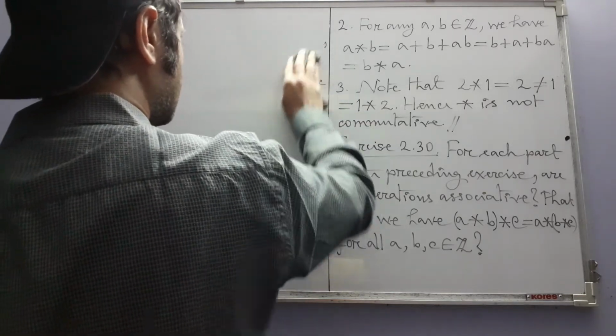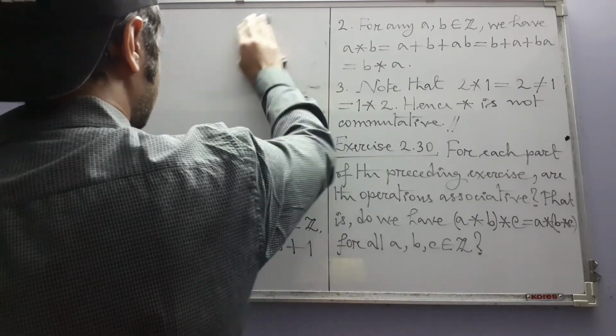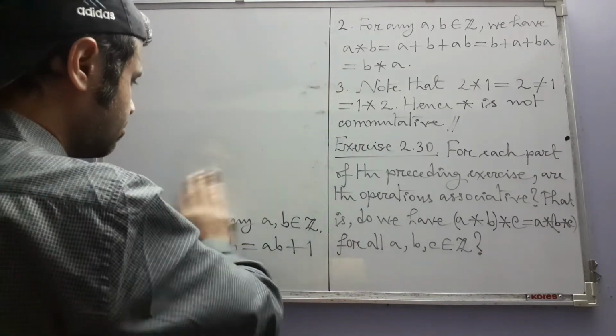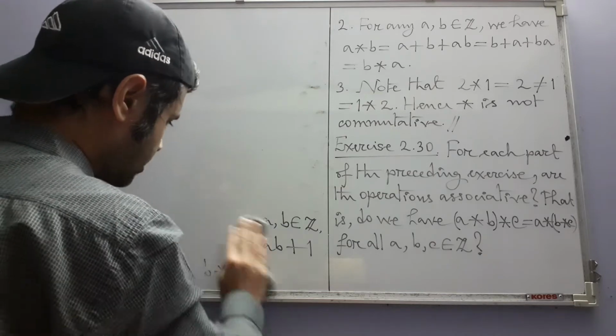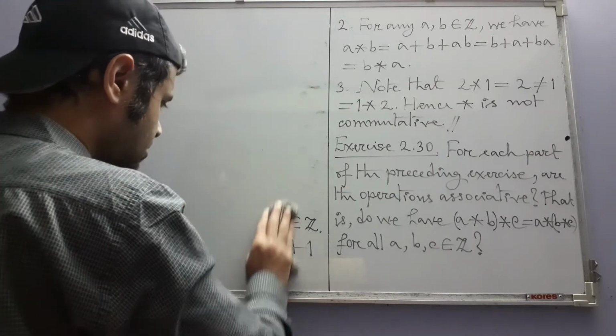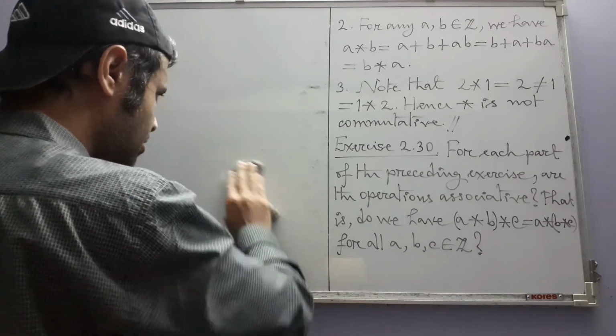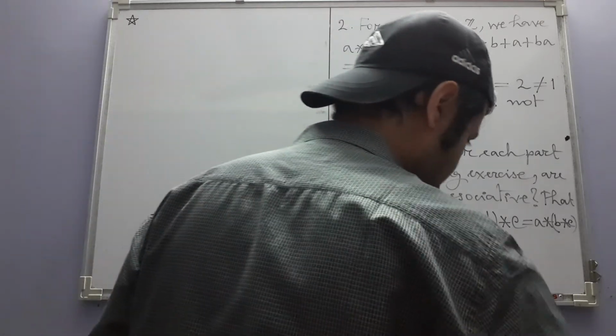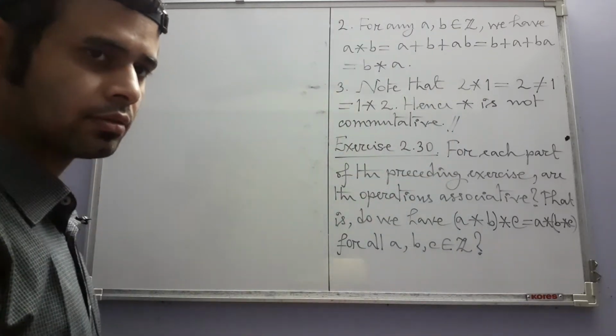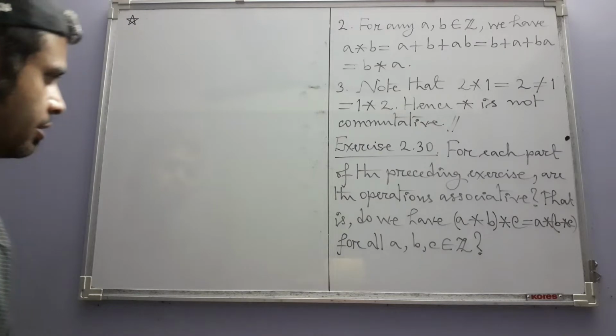Commutativity was, you could see it easily even before doing any calculation. Associative law, however, is somewhat more complicated simply because it involves three elements, A, B and C.